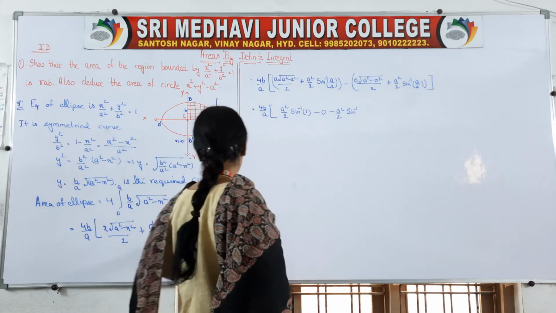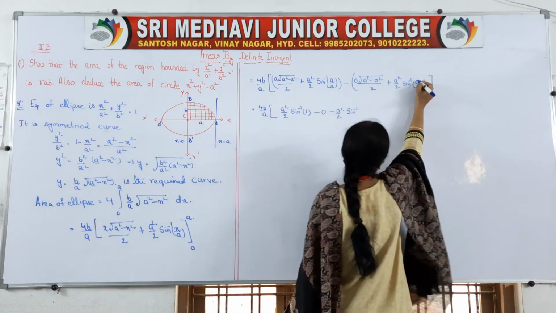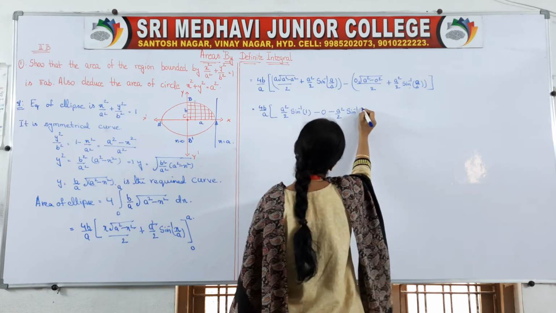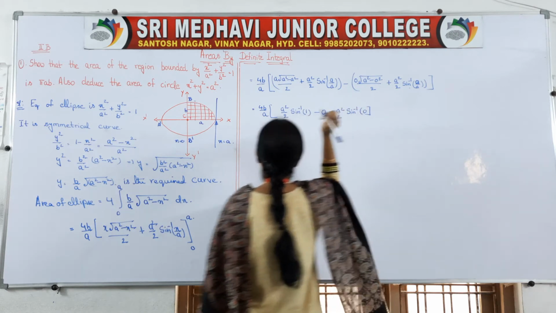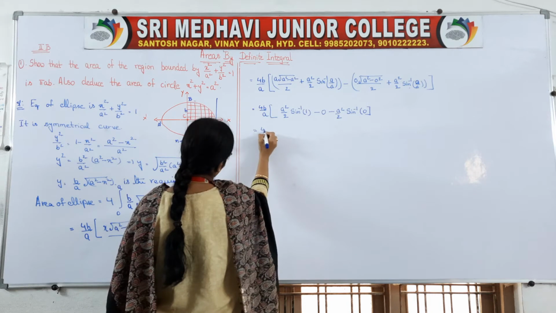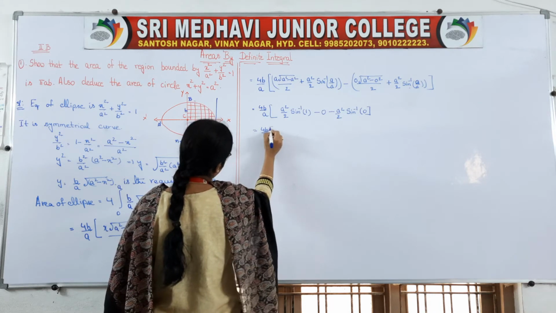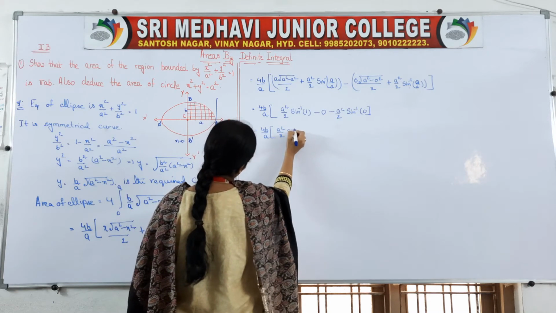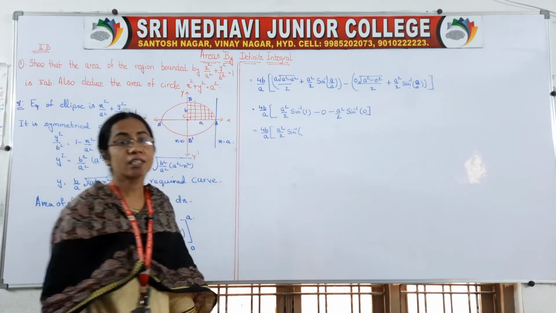We have to substitute 0 in x place, so sine inverse 0 by anything is 0. So it is 4b by a into a square by 2 sine inverse of 1.